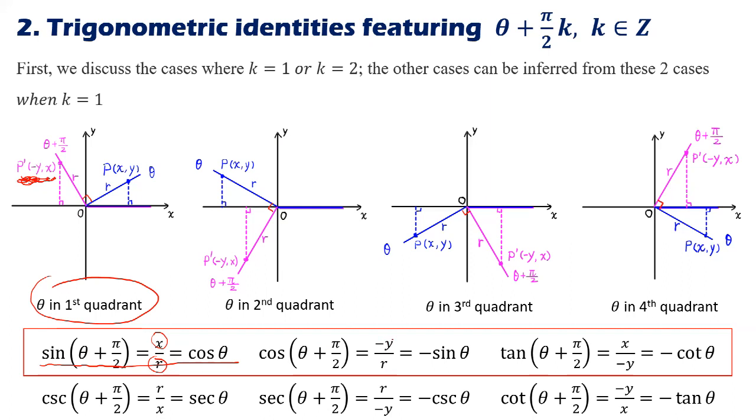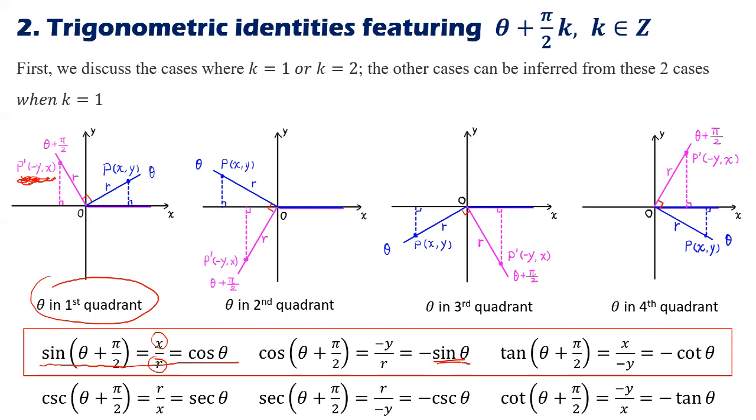And note that y over r is actually, according to the definition, sine theta in the original angle, right? Because for the point P here, y is the y coordinate. Y coordinate over r is defined as sine theta. So in this way, we can prove that cosine theta plus half pi equals minus sine theta.